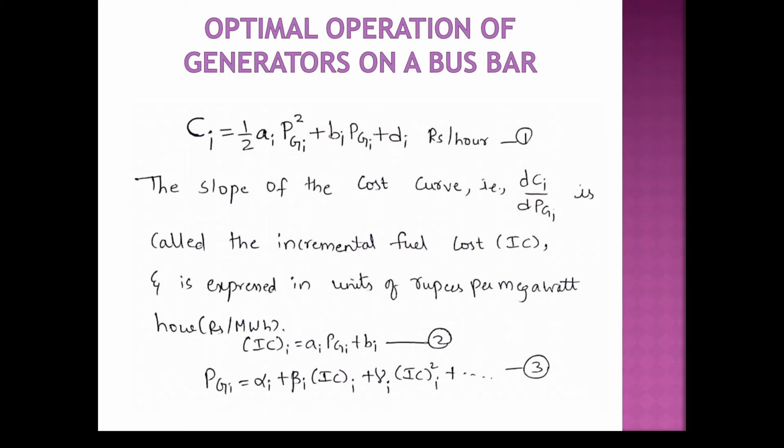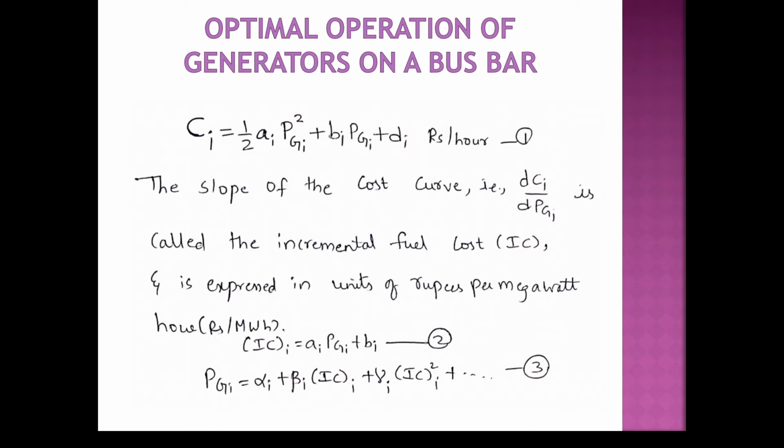By fitting a suitable degree polynomial equation, we are finding the expression for operating cost, that is Ci. Ci is equal to half a_i P_Gi squared plus b_i P_Gi plus d_i, like ax squared plus bx plus c. It is expressed in rupees per hour.